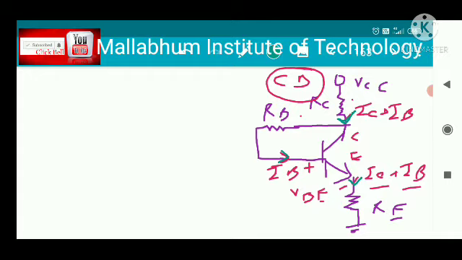So if you want to analyze this circuit, then just make a KVL across this, whatever dot connection I have made here.